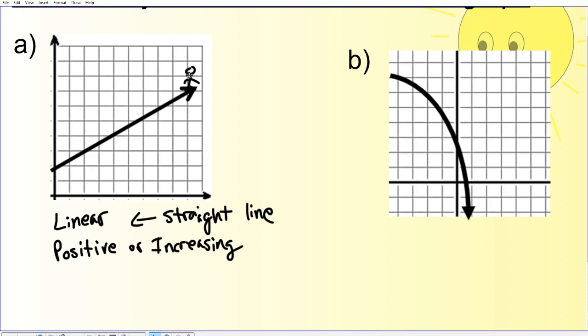Letter B. If my little dude starts walking along this graph from left to right, he always goes that way. So if he starts going that way, you see what's happening, right? He's going down. He's decreasing, or there's a negative slope.